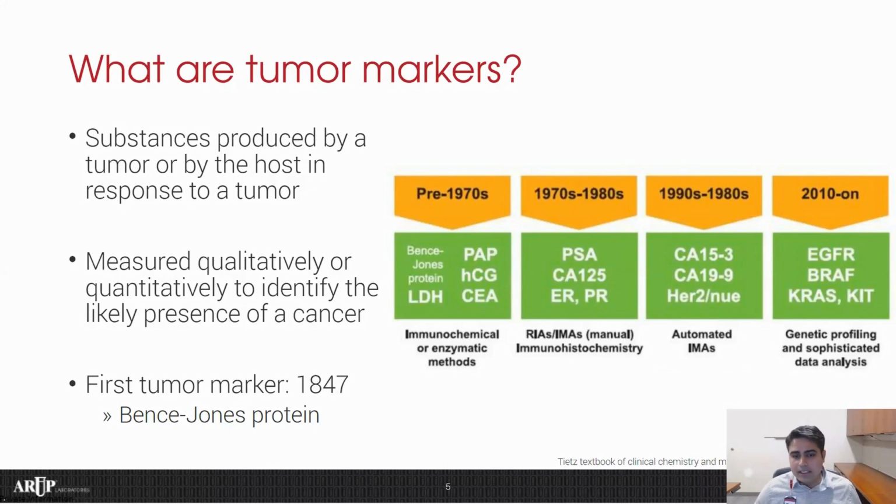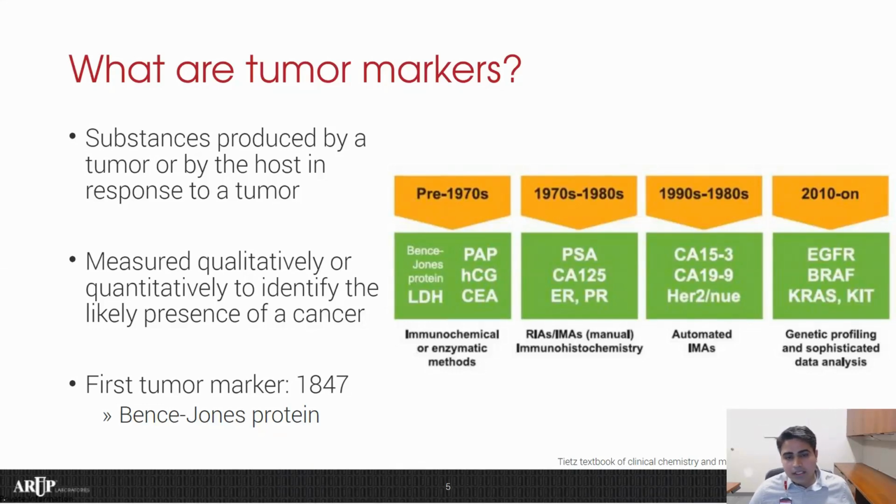Between 1970s and 80s, new biomarkers, particularly in the reproductive cancers field, emerged. And those are prostate-specific antigen, CA-125, which is for ovarian cancer, as well as estrogen receptor and progesterone receptors. And these were detected using radioimmunoassays or immunohistochemistry. Immunohistochemistry is still used in the clinical setting.